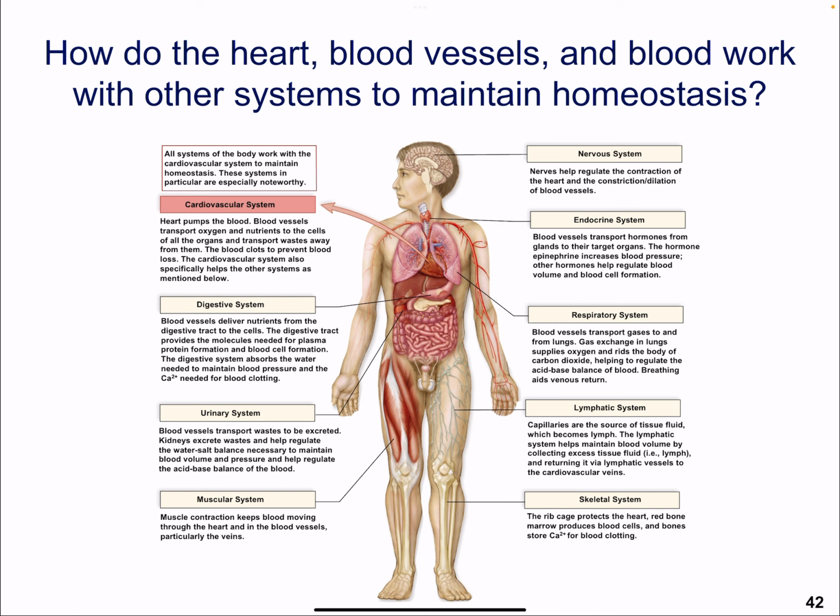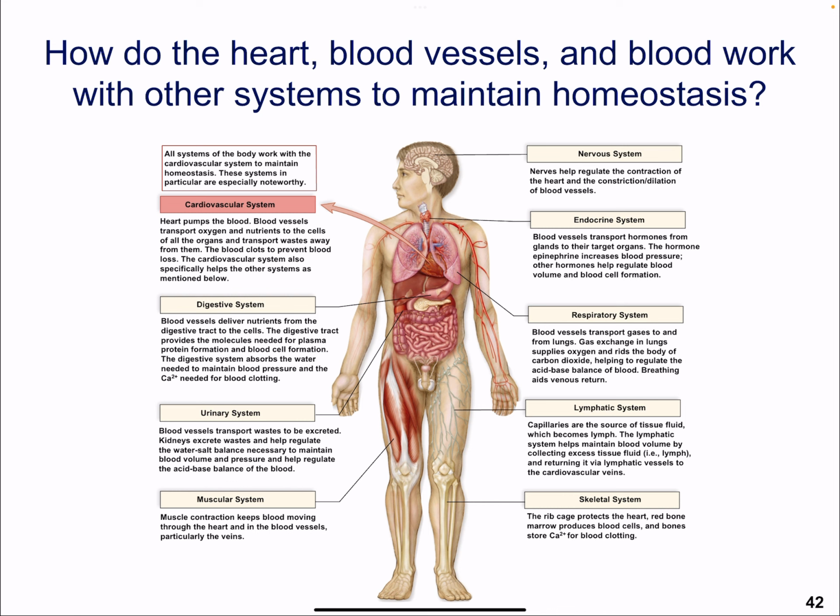Now, between you and I, because of the amount of material, I'm not going to bug you as to how the circulatory system plays a role in homeostasis and how they work with other systems here.